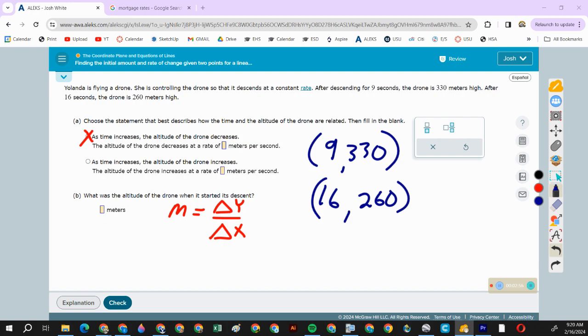So we just need to find how much did we drop. That is a drop of 70. So the change in y is negative 70, and the change in x is 7, which is negative 10. That is my slope.